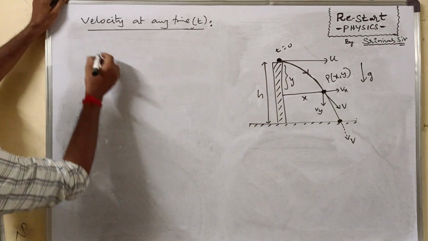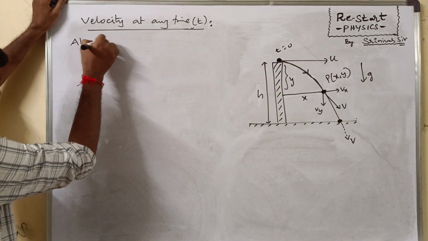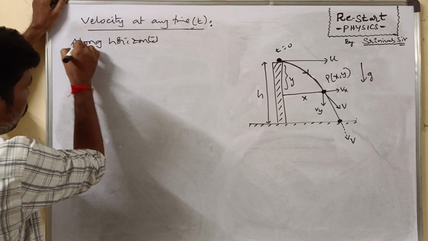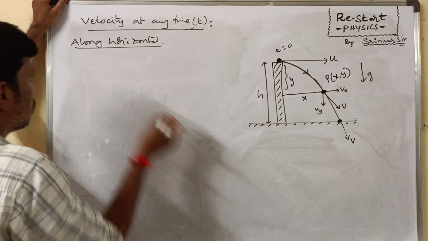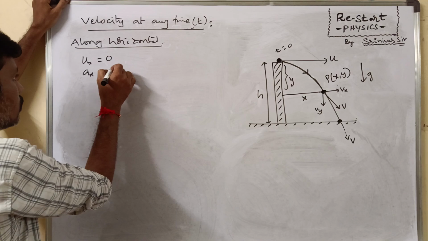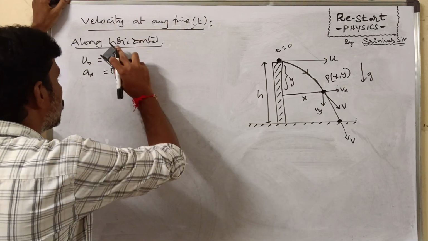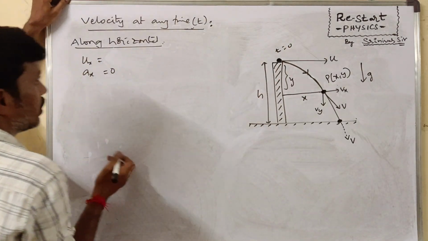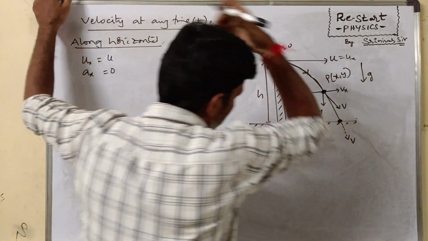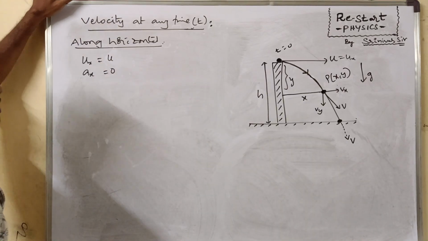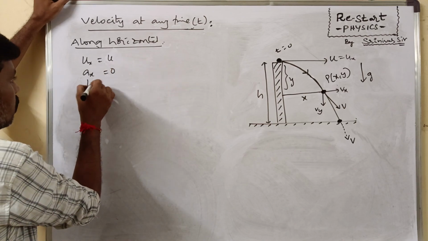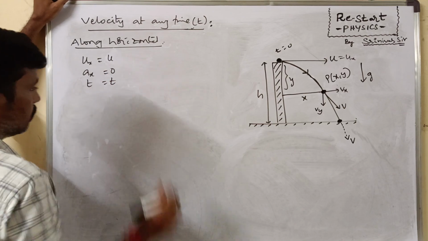Now come to the point. First, along the horizontal, we get the horizontal component. We know that ux is equal to u, the horizontal component of velocity, ax is equal to 0, and after some time, t is equal to t.